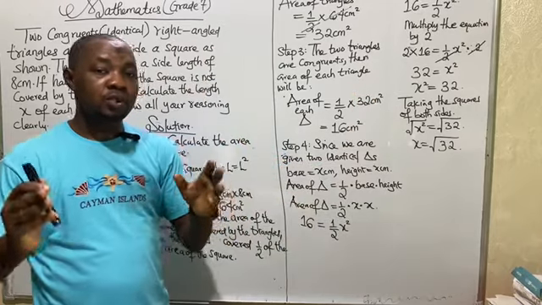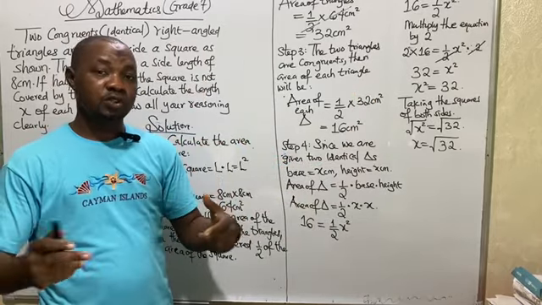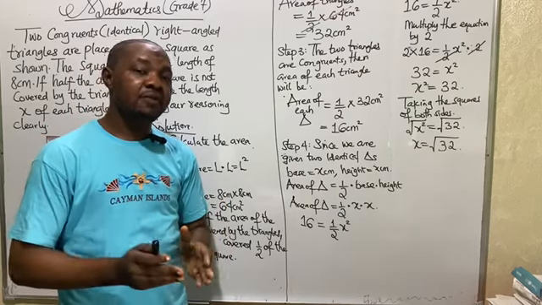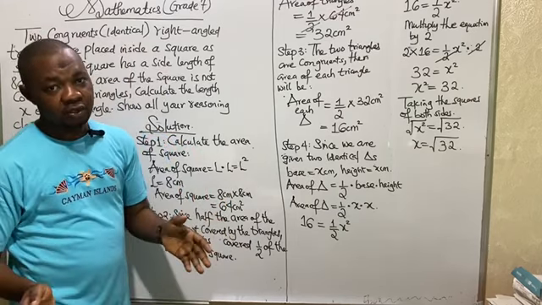It is the product of two factors, and one of the factors must be a perfect square.